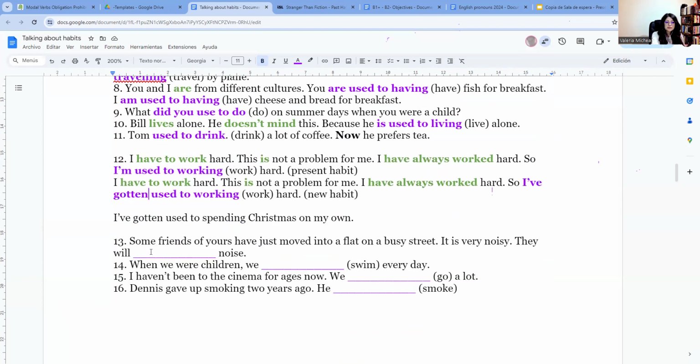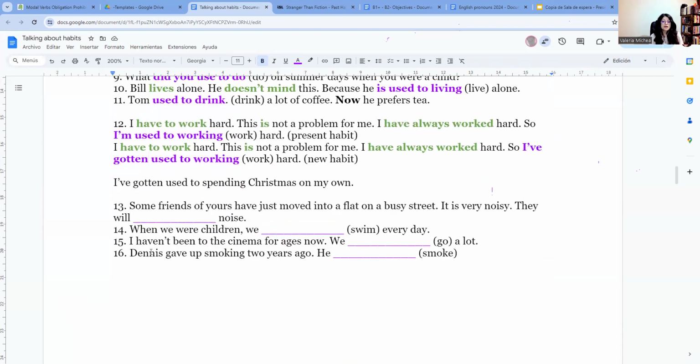Then we have number 13. Some friends of yours have just moved into a flat on a busy street. It's very noisy. They will get used to the noise.